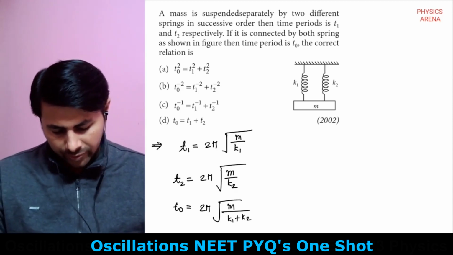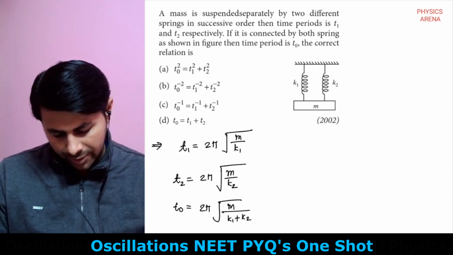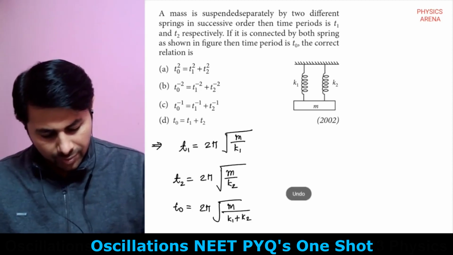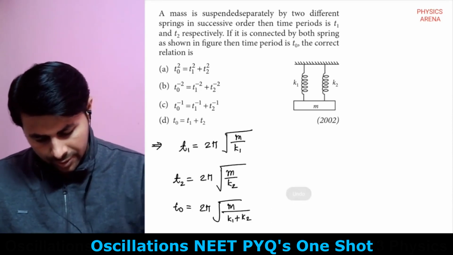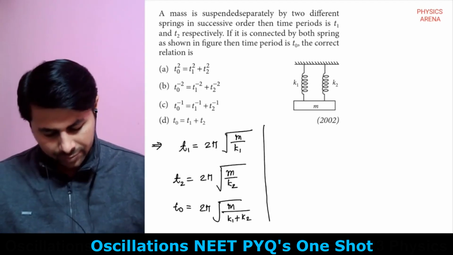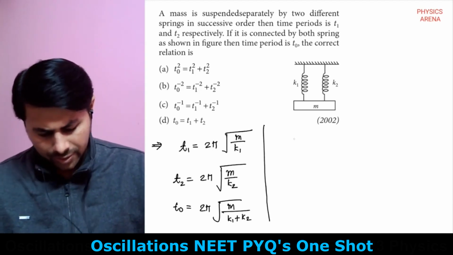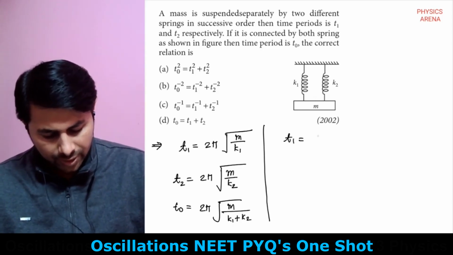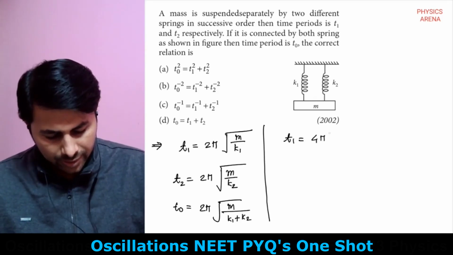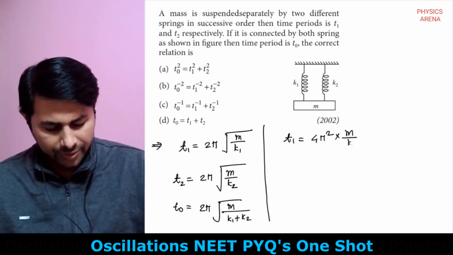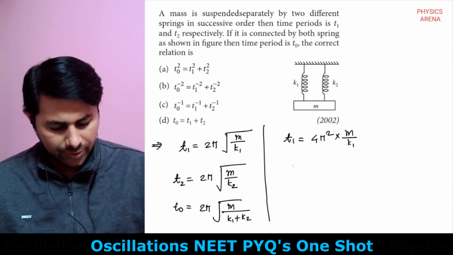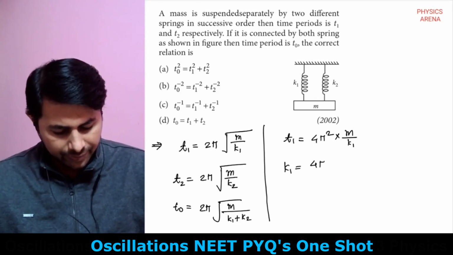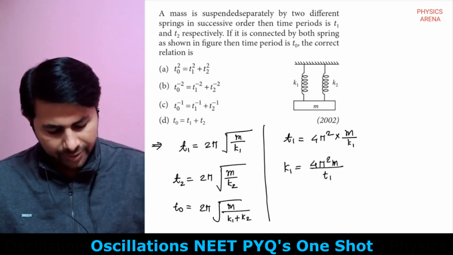So then what we can do is square these. So T1 squared equals 4 pi square multiplied by m upon K1, or K1 equals 4 pi square m divided by T1 squared.